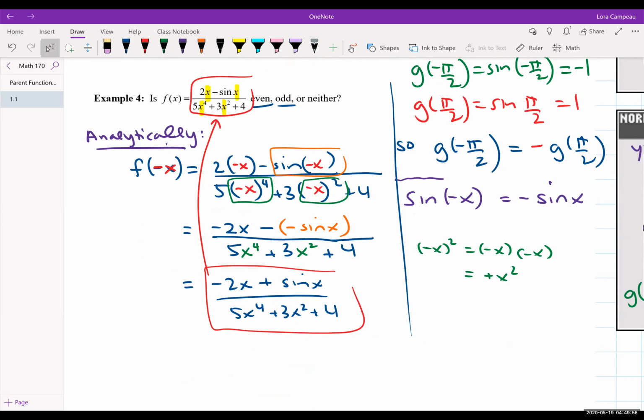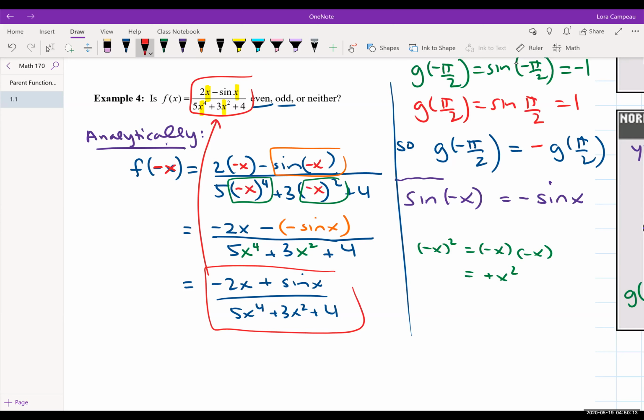But if I look at this closely, I do have the same terms, but there are always some issues with the signs. So I'm noticing right away that I do not see the exact same function coming back at me.